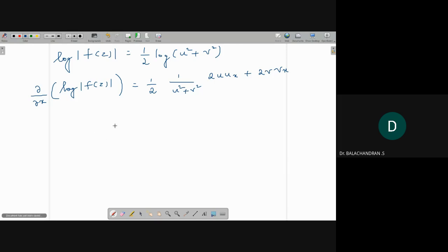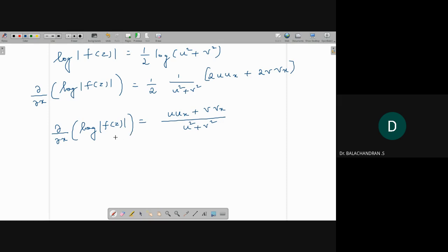Now you can take this 2 commonly and cancel out. So you will get ux plus vx divided by u square plus v square. So left hand side is dou by dou x of log mod f of z.